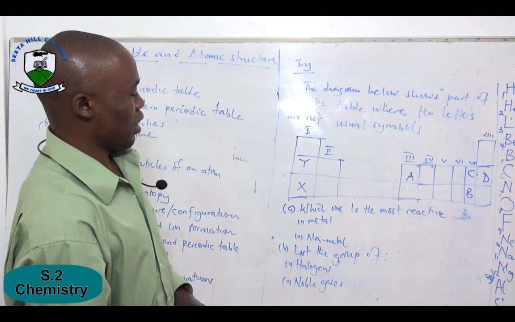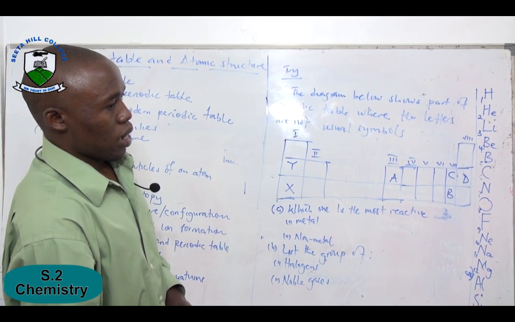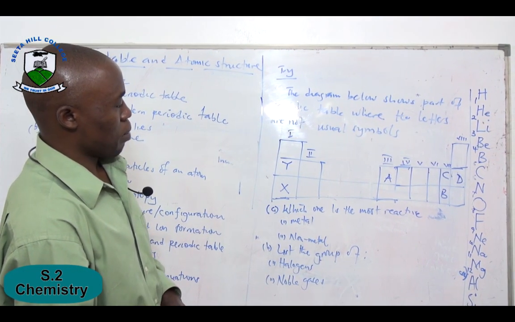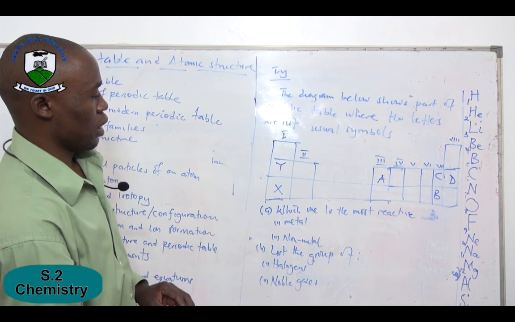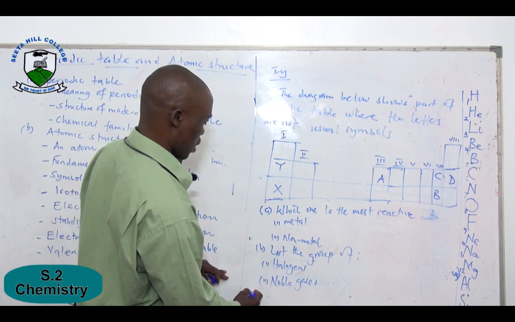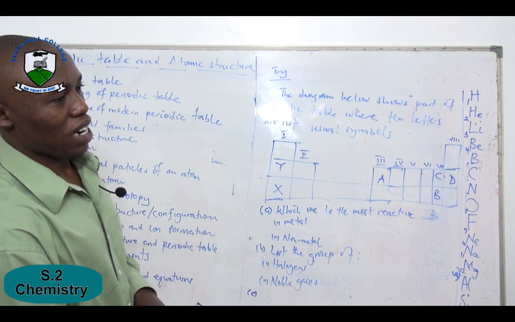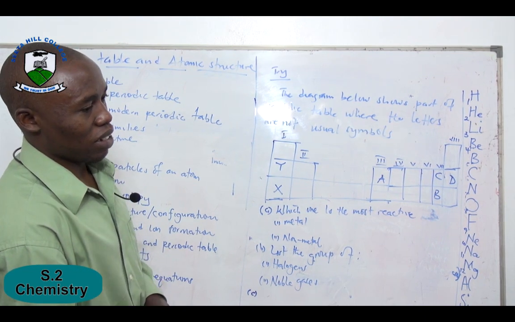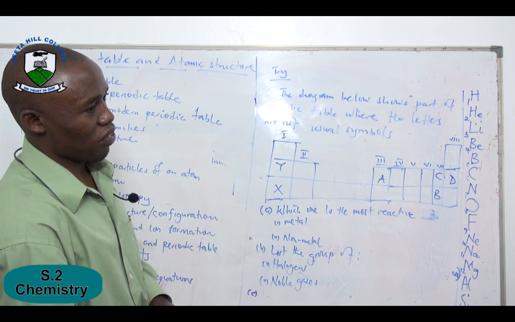It is you to take over. The answers must be in terms of those letters. Don't again go and pick the elements from your head that you have in the periodic table and transfer them there.